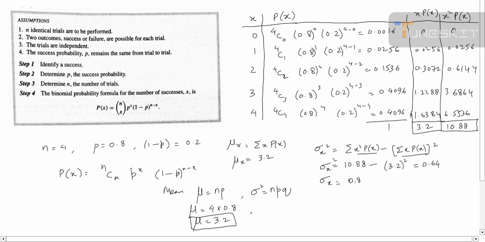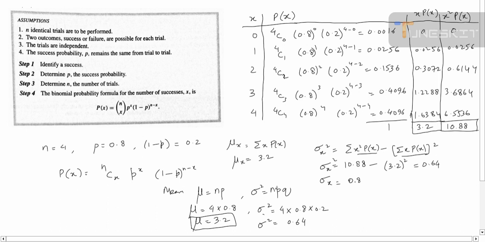Similarly, if we make a substitution in the formula of variance, n as 4, p as 0.8, and q as 0.2. So 4 times 0.8 times 0.2 would again give you the answer as 0.64 for the variance. The square root of variance would give you standard deviation.